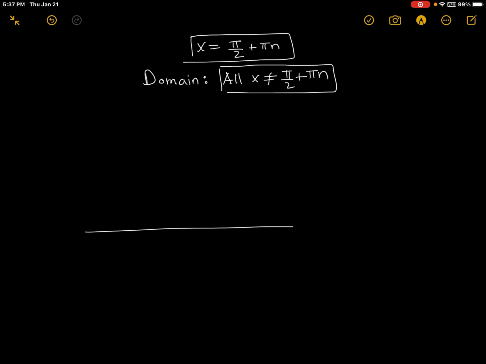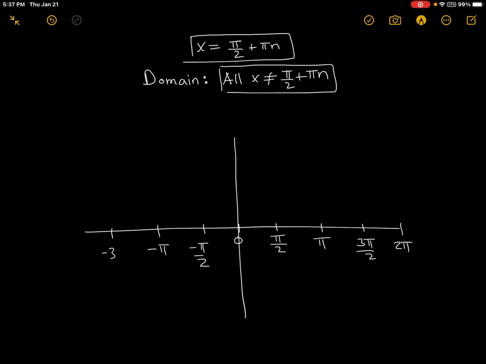Well, I would start by recommending that you graph your cosine x. Okay, so let's write out all our values here on the x-axis. And maybe I'll graph 2 periods, okay? So let's go in the negative x direction, negative pi, negative 3 pi over 2, negative 2 pi.